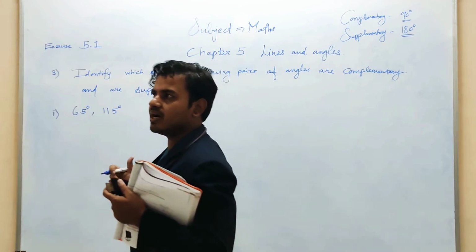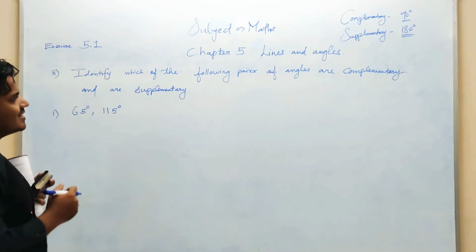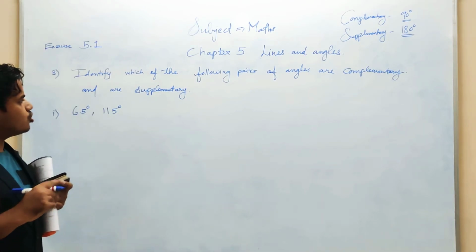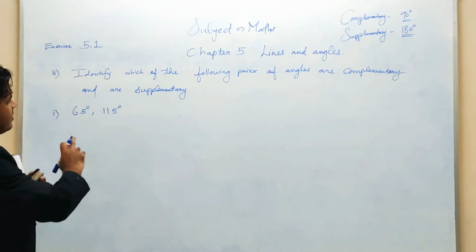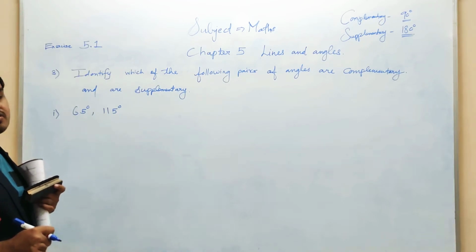So we will add the two angles, and if the sum is 90 degree, then those two angles will be complementary. And if the sum is 180 degree, then those two angles will be supplementary.